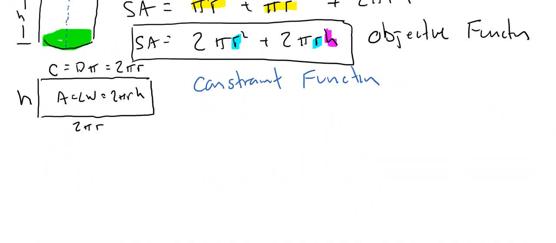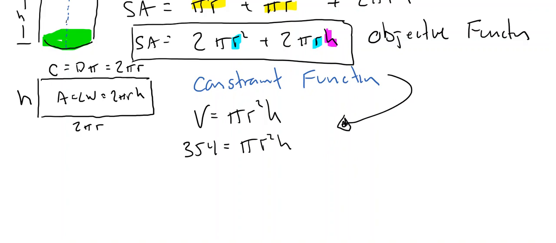The volume of a can would be pi r squared h. This is the general formula for the volume of a can. And we know that the volume has to be 354, so I can substitute that in for V. And this is my constraint.